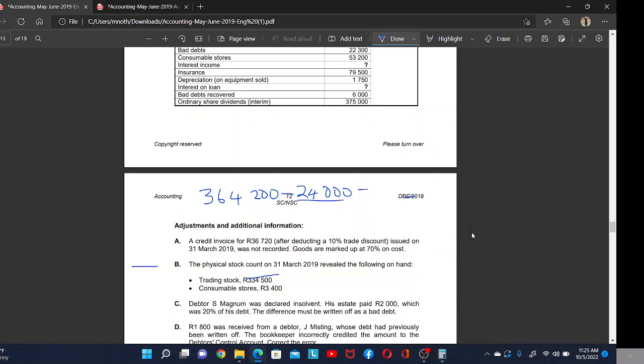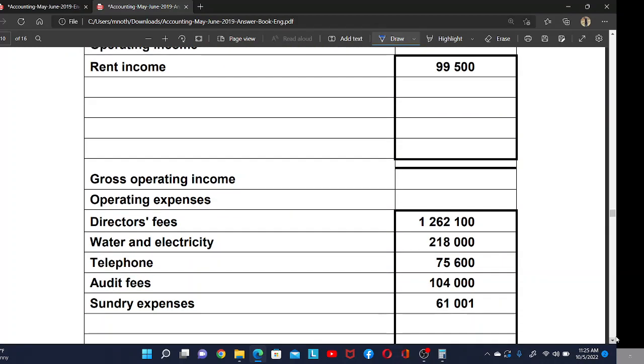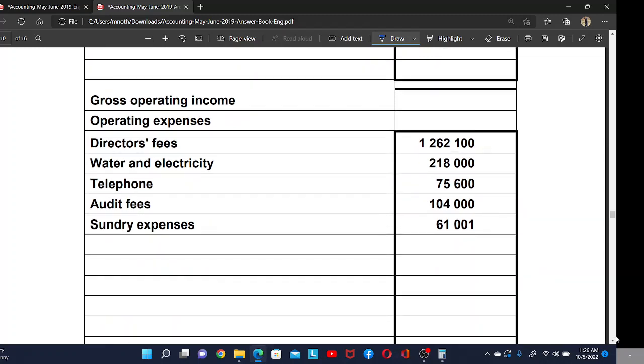And if you look, the physical stock count on 1 March 2019 revealed the trading stock is 334,500. This means that here we have a trading stock deficit, because the trading stock is less.